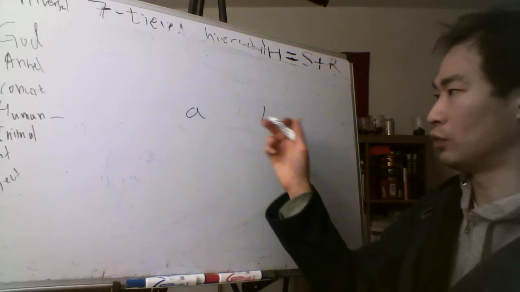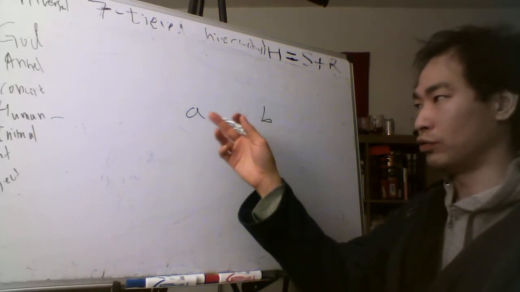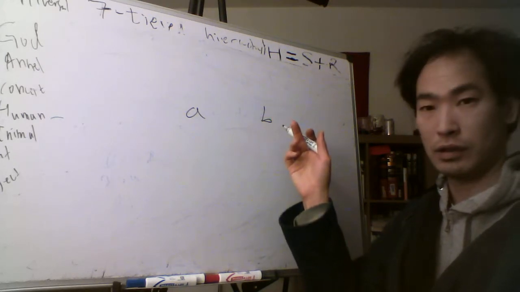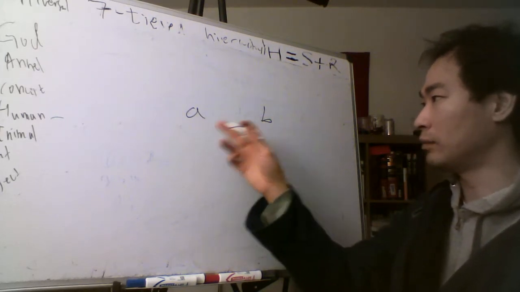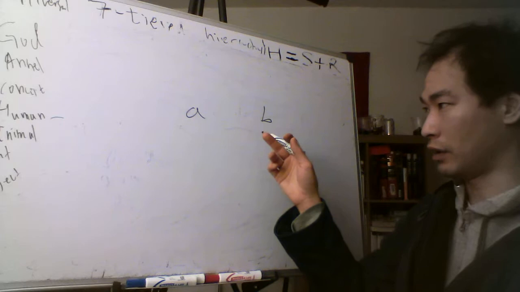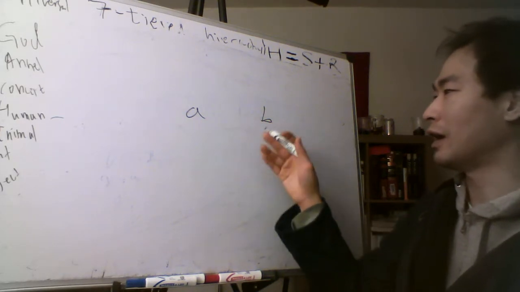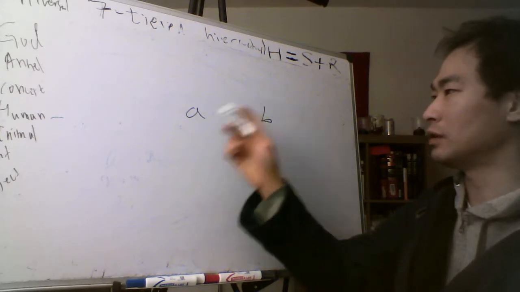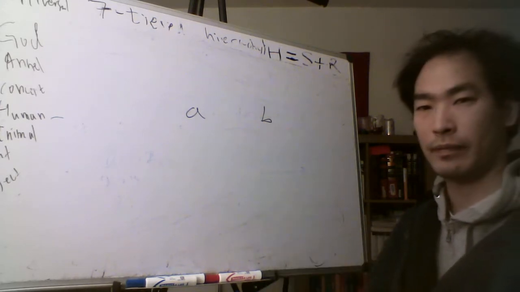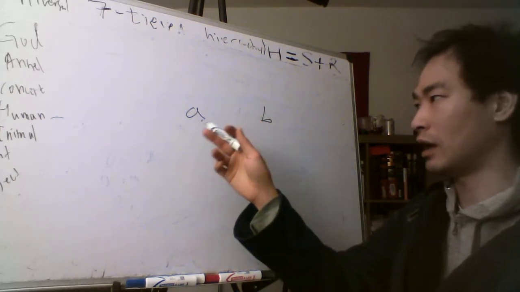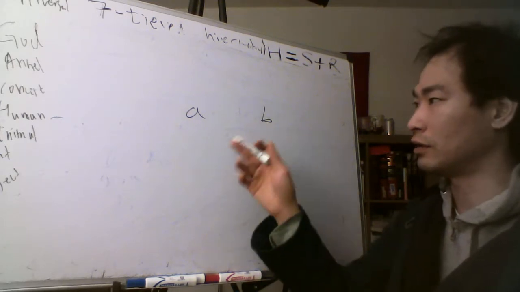Maybe A and B don't know each other. We assume A knows who he is, B knows who he is. Adam, Barbie, yeah, she knows who she is. Adam and Bob, he knows who he is, but they don't know each other. We assume that they know themselves, but not each other.